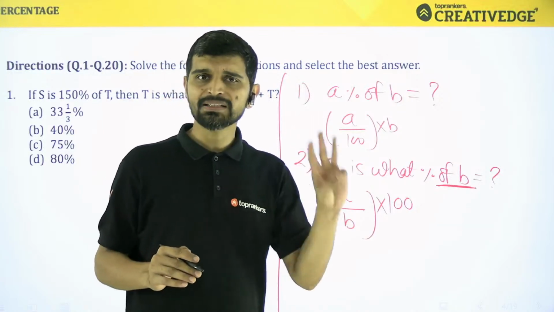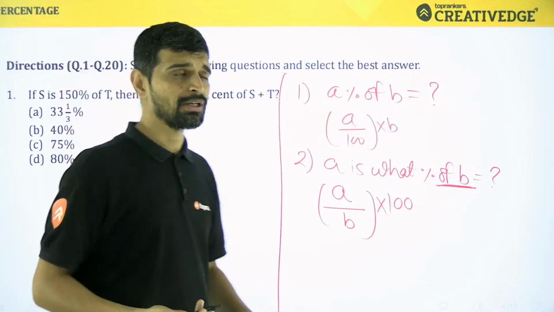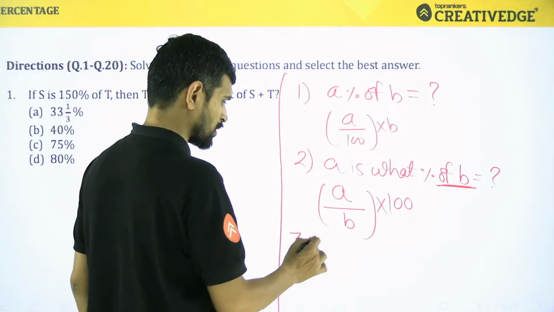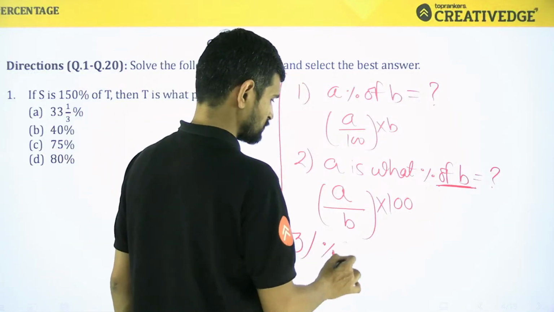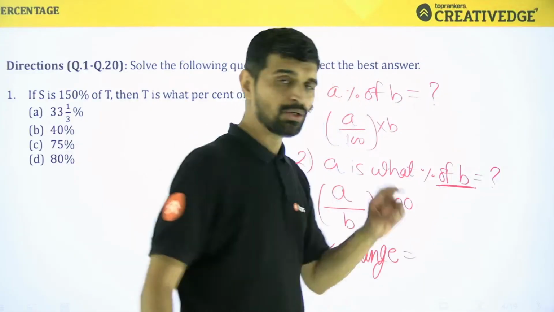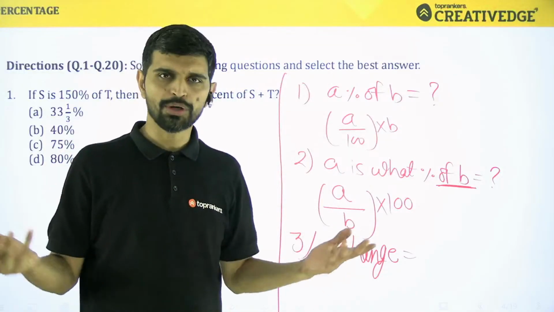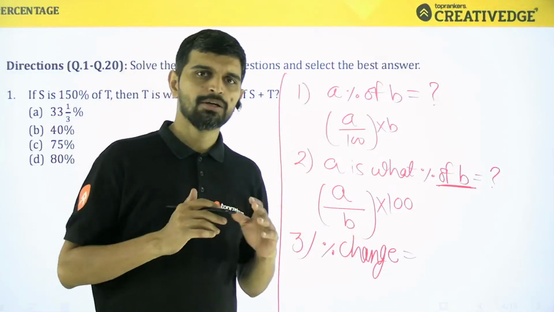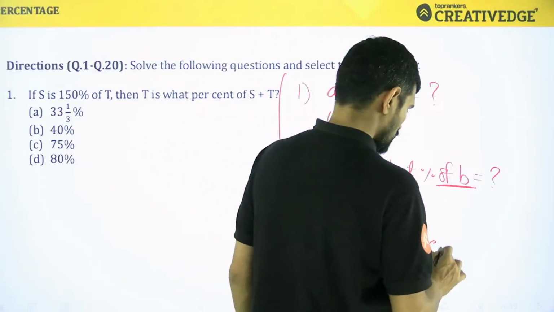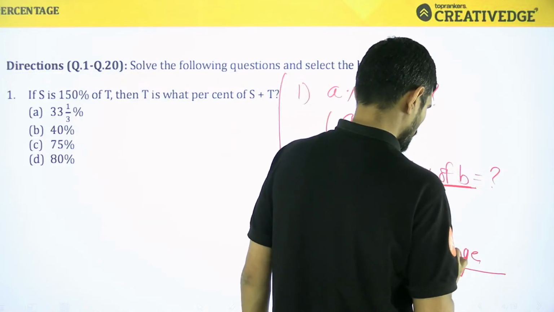Right. And third and most important type, which is asked quite a lot in exams, that is percentage change, right? So percentage change. To find out percentage change we need two values, initial and final, first, second, whatever you want to call it, right? So the difference of the two values, so percentage change is change divided by reference value.